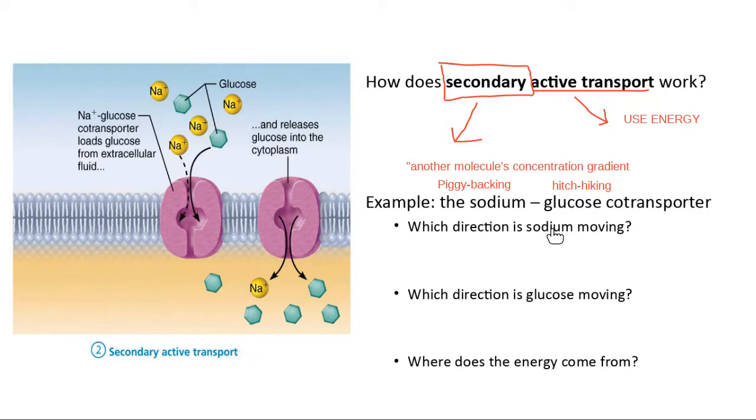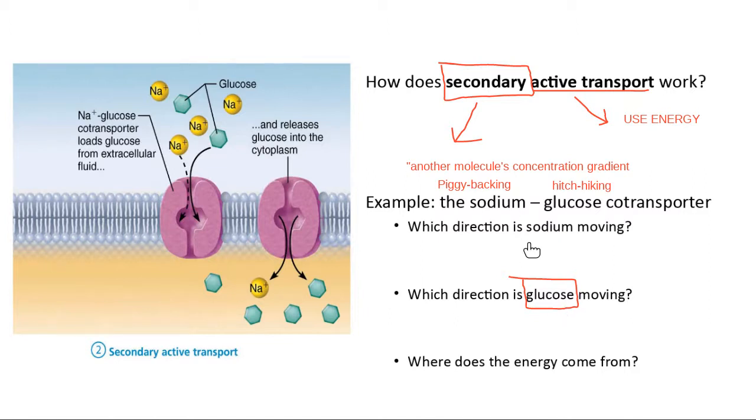But when we talk about sodium and glucose, one of these was already really concentrated inside the cell. What does the cell already have a lot of on the inside? Yeah, exactly. The cell already has a lot of glucose. Glucose is its favorite food, 100%. And cells really like to hoard glucose. They're going to grab any that they can find.